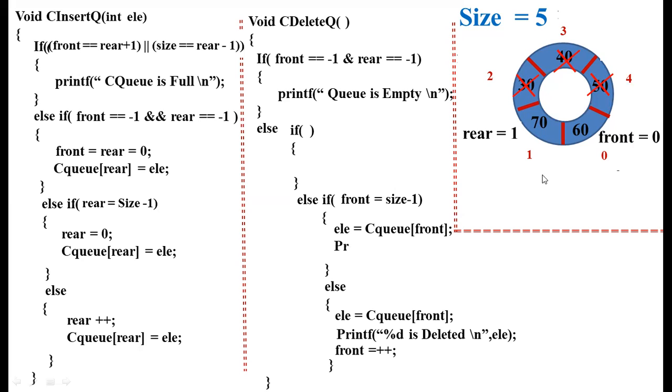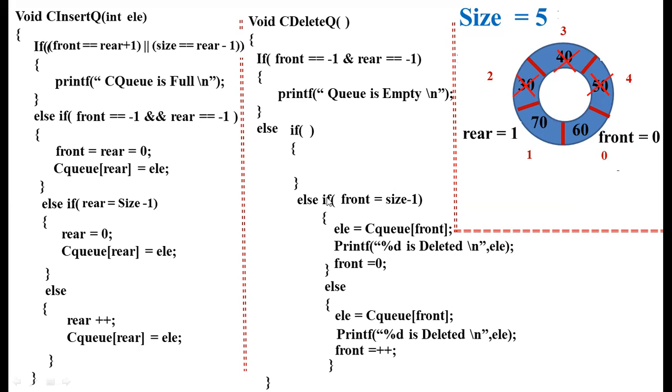So now observe very carefully. The rear is pointing to the first location and the front is pointing to the 0th location. Now we have only two elements, that is 60 and 70. Now I want to delete one element. So what will happen? Front value and rear value are not -1, so it will not come to this if block.